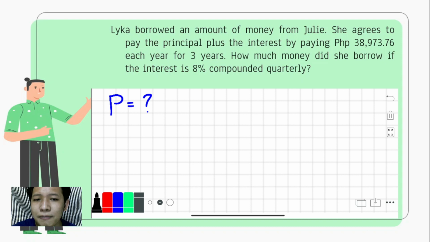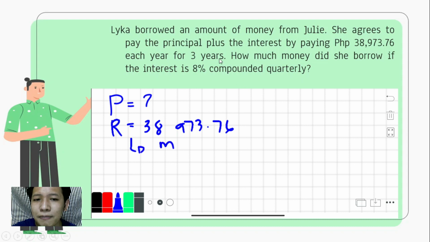So si 38,973.76 would be our periodic payment. Okay, and then, with regards to this, yung value ng M natin, dahil magbabayad siya each year, so, that is annually. So, yung M natin will be equivalent to 1.